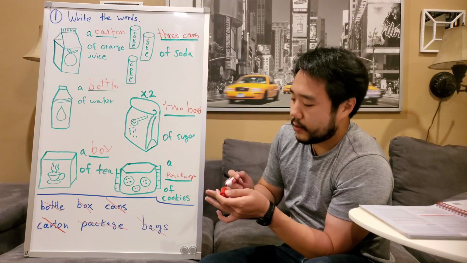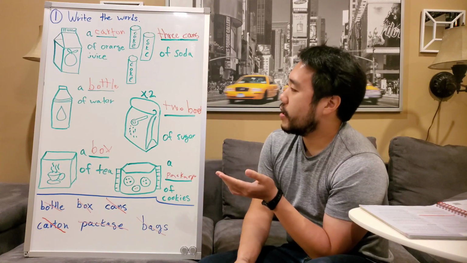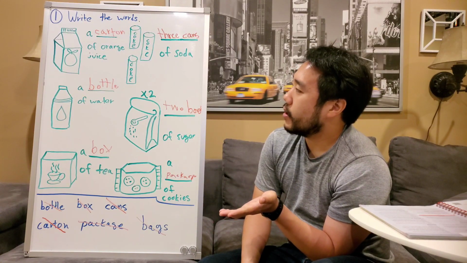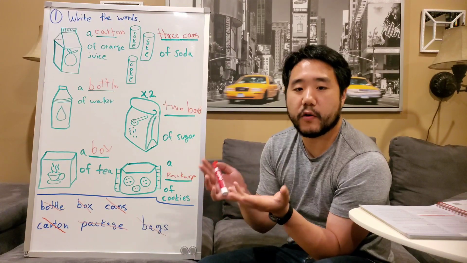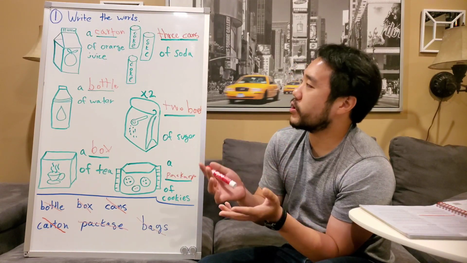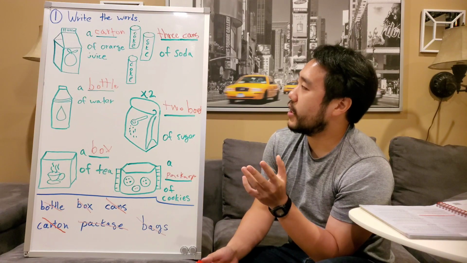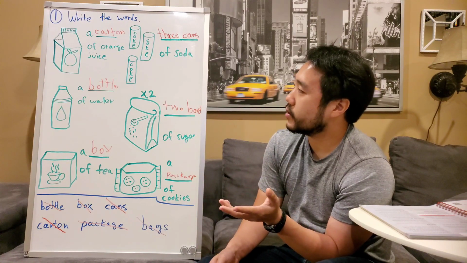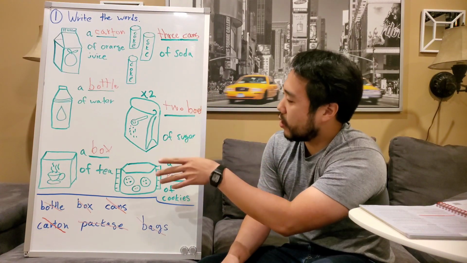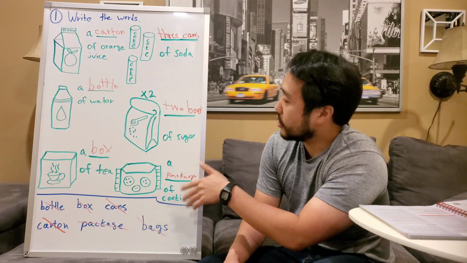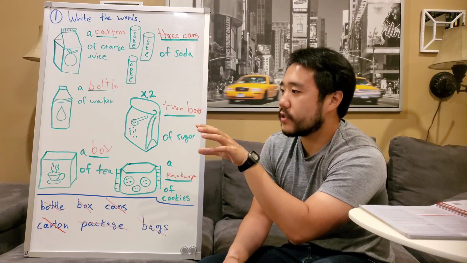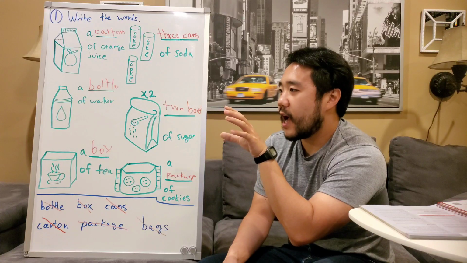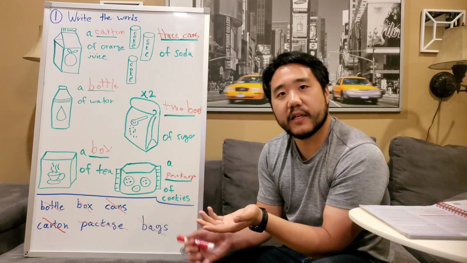So it's important that in order to quantify or measure non-count nouns or items, such as orange juice, water, sugar, tea, cookies, and soda, you have to see how that item is contained, right?